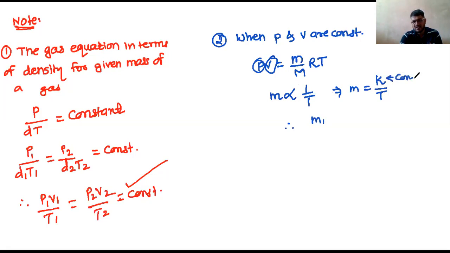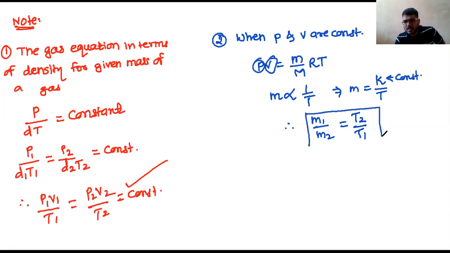Keep it in mind. So if m1 is equal to K by T1 and m2 is equal to K by T2, dividing these equations we get m1 by m2 is equal to T2 by T1.